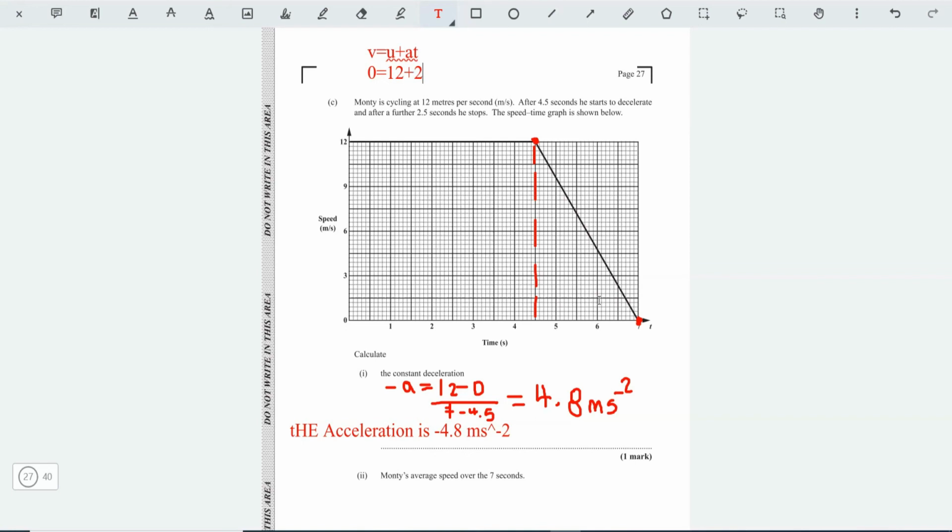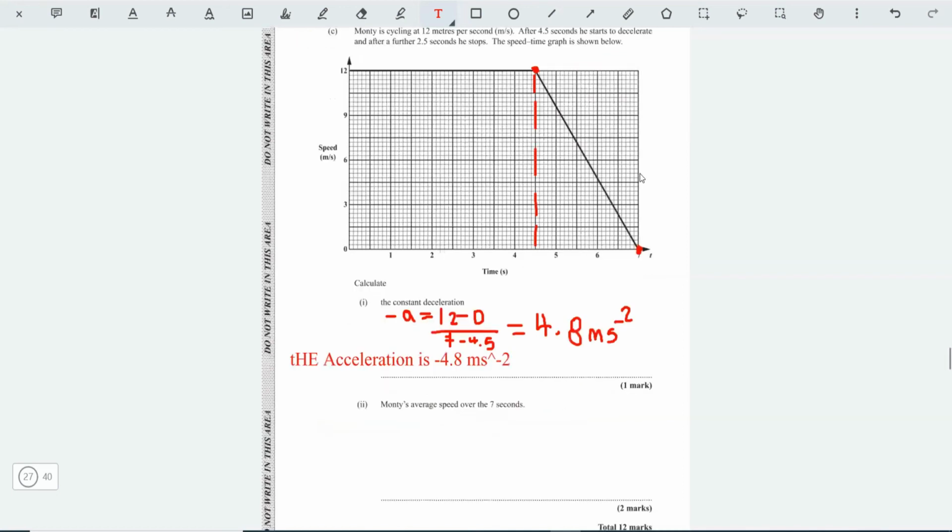So 0 equals 12 plus 2.5A, and you work out A: A is negative 12 divided by 2.5. You get the same, negative 4.8. This is doing it the physics way, using equations of motion in a straight line. All right, nice.